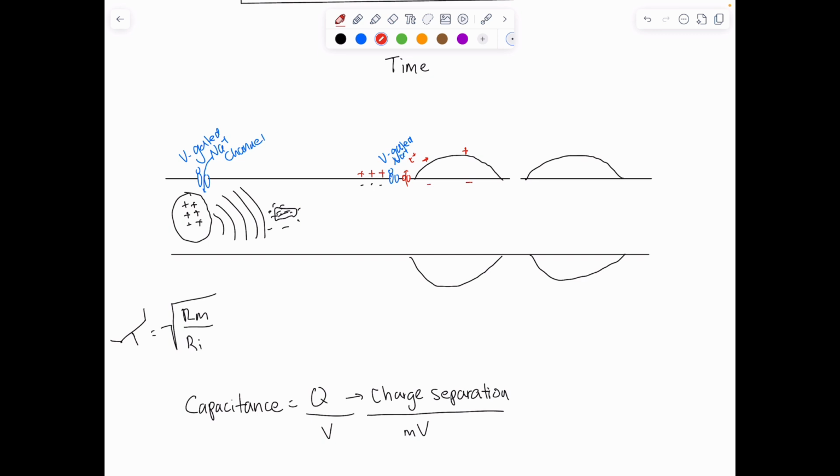That means once the sphere of influence gets to here, it's going to travel further, because there are fewer negative charges, and it's going to increase the speed of that sphere of influence, so more action potentials are going to be able to occur. And that wraps up essay number 2.